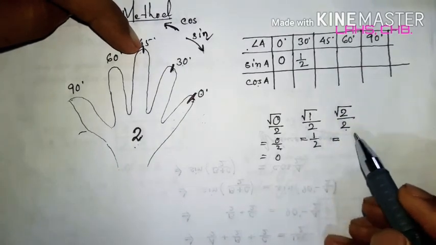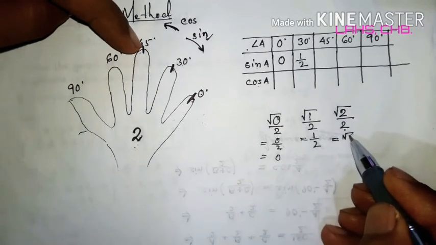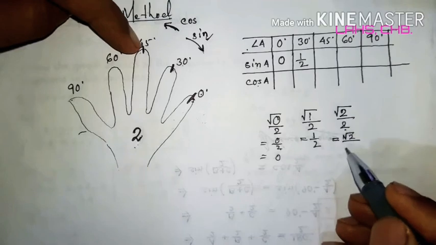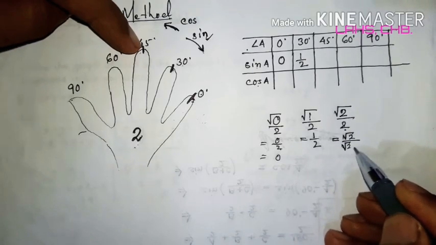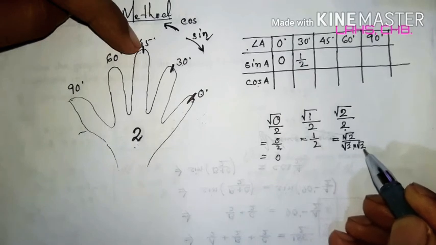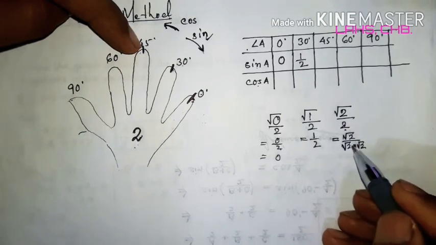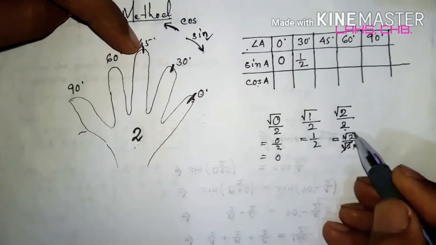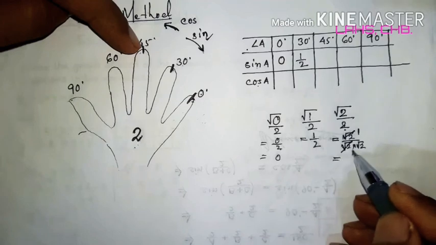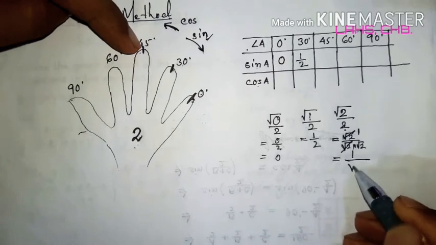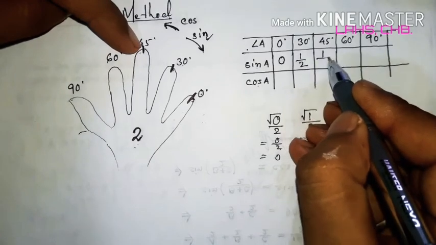A little simplification is required here. Root 2 by 2. Write root 2 as it is. In the 2 place we can write, without changing its meaning, root 2 into root 2. What will happen when you multiply root 2 into root 2? You will get the same 2. Why have we written it in this way? To cancel this. So what is left here? 1 by root 2. This is the value of sine 45 degree, 1 by root 2.